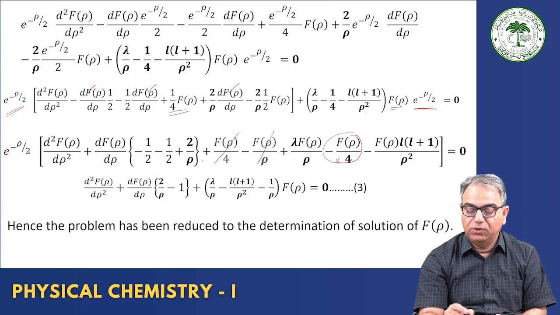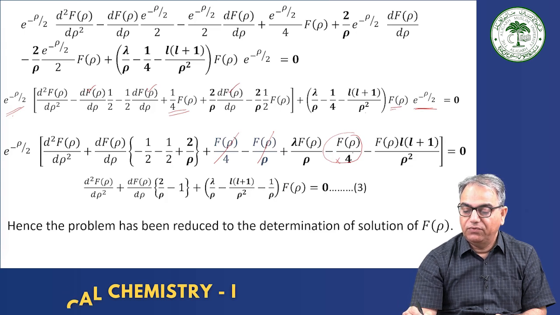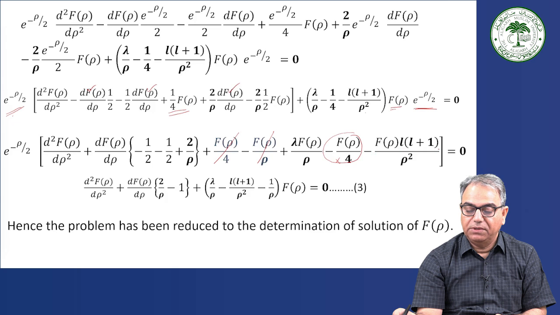So you have this, up to this it's fine, and this should be f rho divided by 4, lambda f rho divided by 4, f rho into L plus 1. Okay, fine, that's fine. And from where you get this one, 2 divided by rho is up to this one.